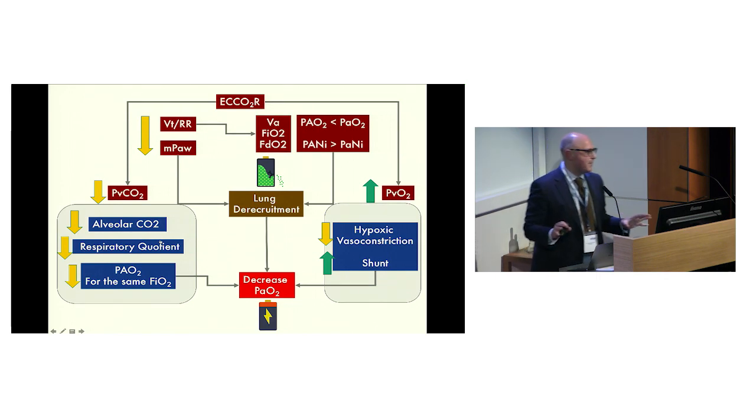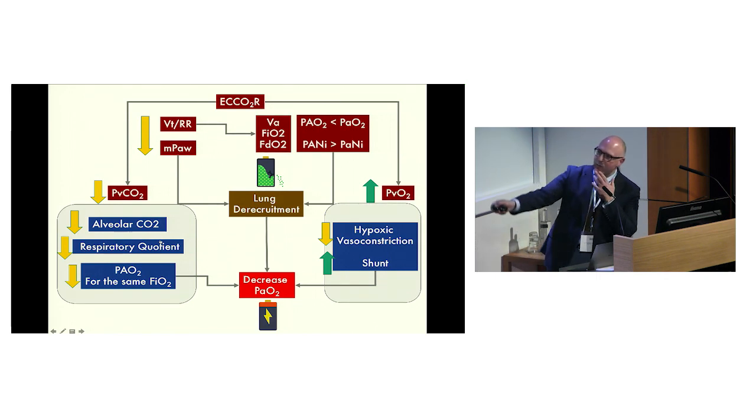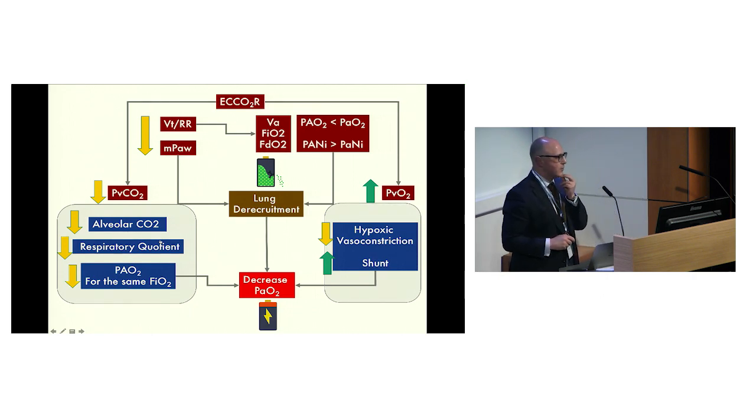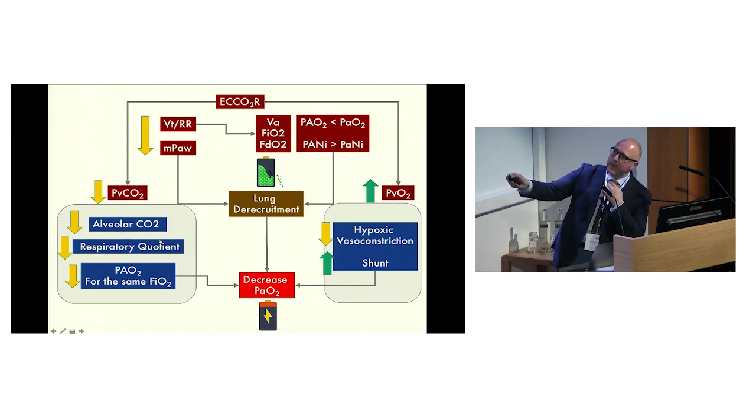It is my attempt to arrive to this point where the battery is empty and there is a decrease in oxygen, PaO2. So let's follow it from the beginning, okay? So I'm going to guide you on your left-hand side first and then on your right-hand side. So if you stay with me. CO2 removal, the first thing we said is that because it decreases the CO2 in the mixed venous blood, will reduce the tidal volume and the respiratory rate.